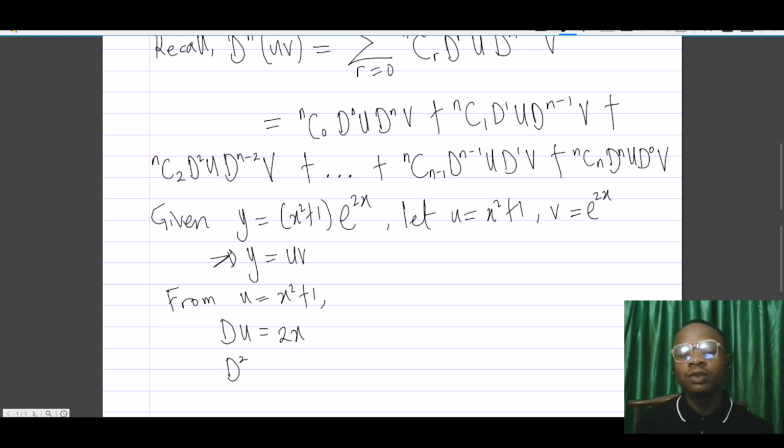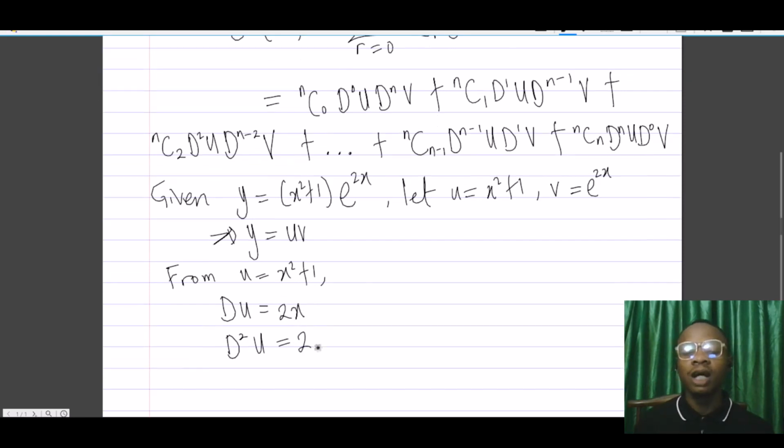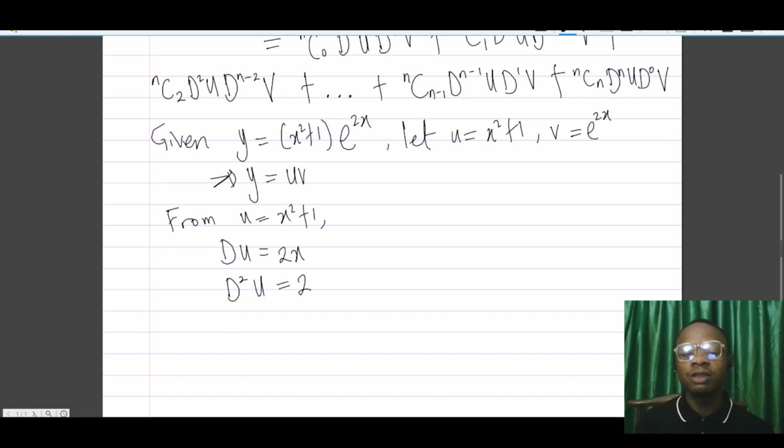Then the second derivative of u is the derivative of 2x, which is 2. And the third derivative of u will be the derivative of this constant, which is 0. And the fourth derivative will be giving us 0 as well.